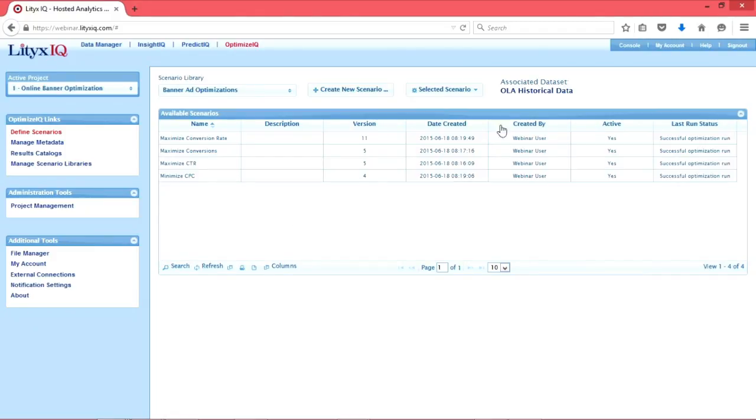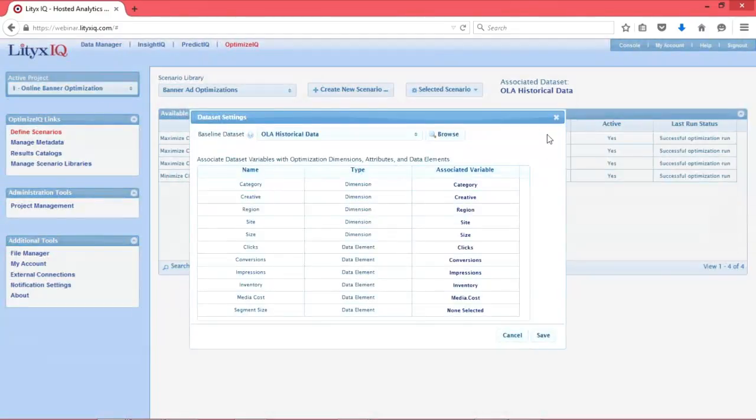Now, in the platform here, tying that to a data set is how data makes its way from the data set that I just walked through briefly and browsed in the data manager and ties it into our optimization problem here. So essentially, all the dimensions and pieces of data that come to play for us to solve our optimization problem are connected to that data set.